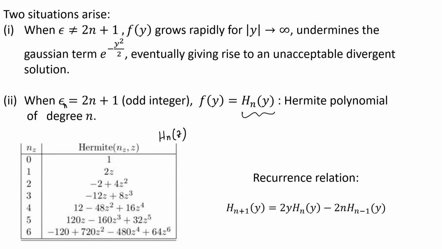There are many other important relations about these recurrence, these Hermite polynomials. In fact, if you know n and n minus 1, then you can generate the n plus 1 and so on by this relation. They have generating functions, etc., that come in mathematical physics.